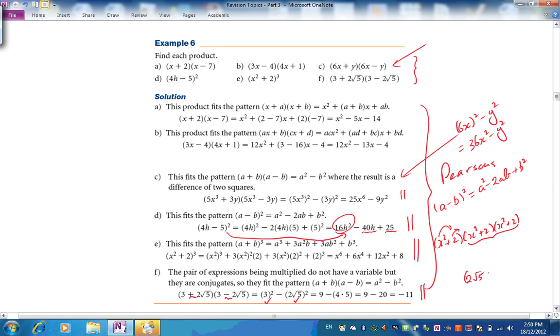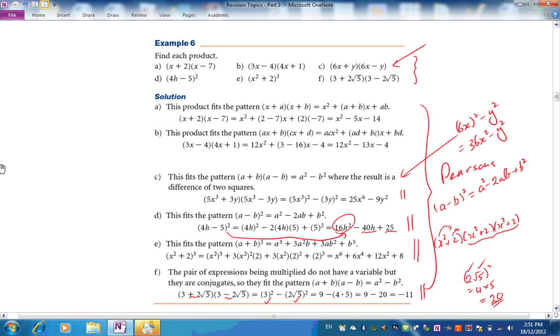Because 2 root 5 all squared gets rid of the radical sign, and so this becomes 4 by 5, squaring both the 2 and the root 5. 2 squared is 4. Root 5 squared gives you 5 back again, so that comes to 20. So that's going to be interesting later on when we want to simplify some expressions.